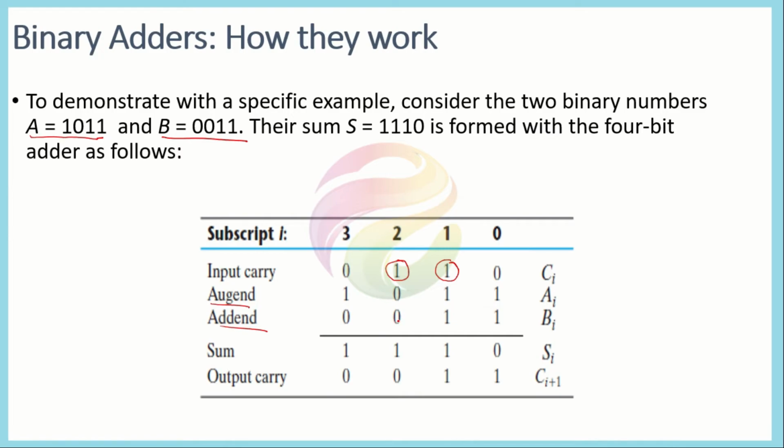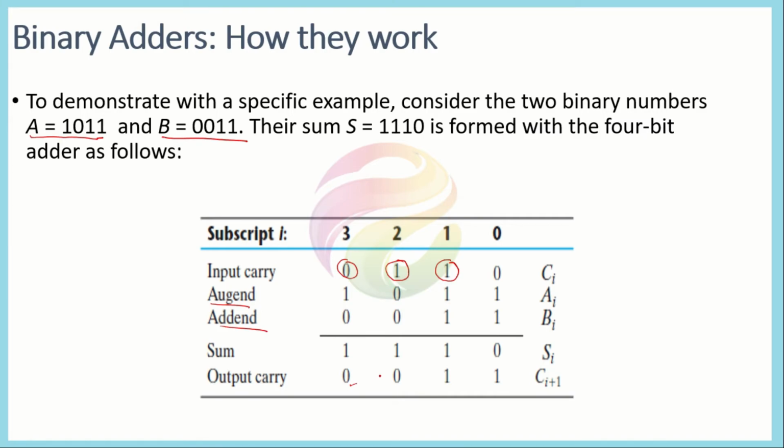So their sum would be equal to 1, while the next carry would be equal to 0. For the last column, there is no carry. So in this case, we have A3 equal to 1 while B3 is equal to 0. So the final result is sum equal to 1, while the output carry that is generated would be equal to 0.